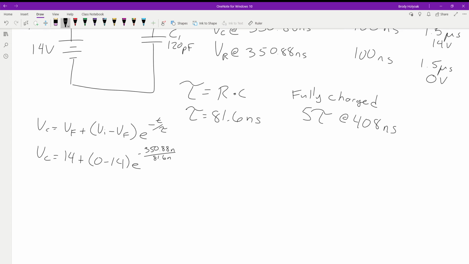13.81 volts. Which again, if we take our 14 volts and multiply it by the 98.7, we're right about there. Yep.